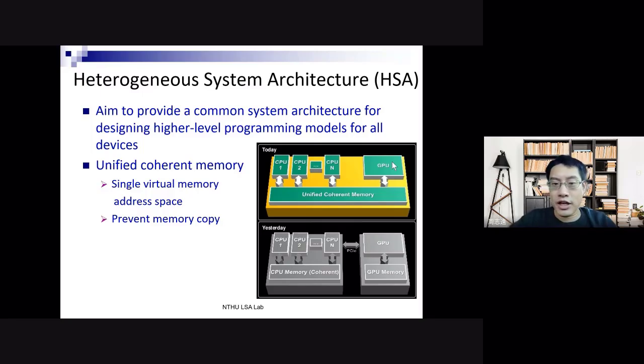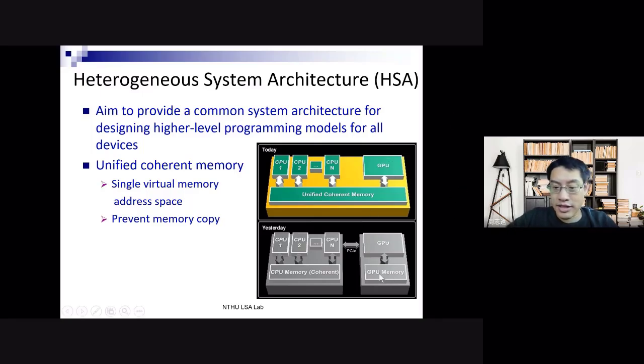Remember, we have an optimization chapter specifically for GPU. In that chapter, it's all about memory optimization, how to reduce or hide the memory transfer time. And the memory transfer time is a major bottleneck, right?